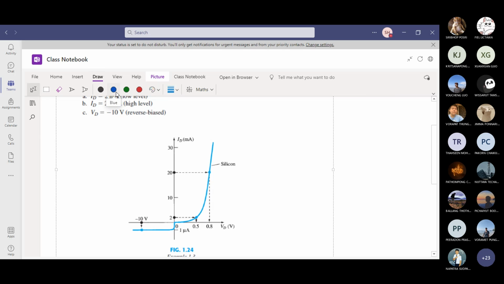What will you get? 0.25. Is it? The voltage is 0.5. The current is 2 milliamp. What is 2 milliamp? 0.002 ampere. You have to change to ampere. 250 ohm, not 0.25. It's 250.